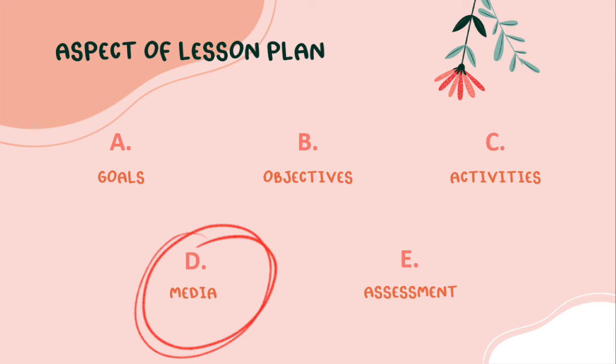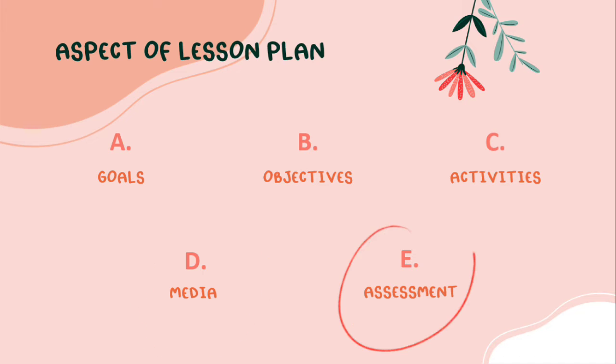Fifth, assessment. In the assessment aspect used in the lesson plan, the assessment principle is used as proposed by Cameron 2001. That first, the assessment must be able to measure what is formulated about what and how well students demonstrate certain action verbs.